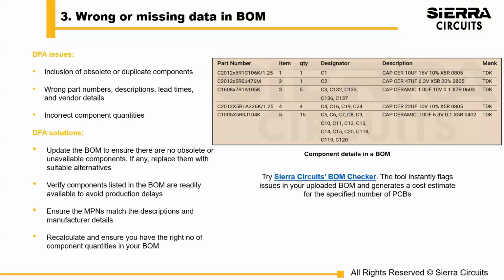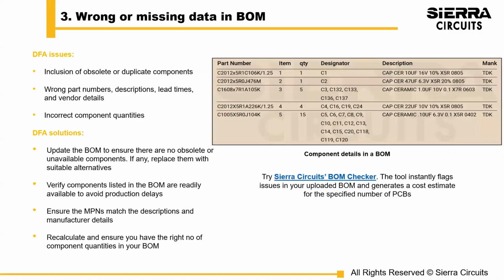So you need to update the BOM to ensure there are no obsolete or unavailable components. And if there are any, you need to replace them with suitable alternatives. You also need to verify components listed in the BOM are readily available to avoid production delays.